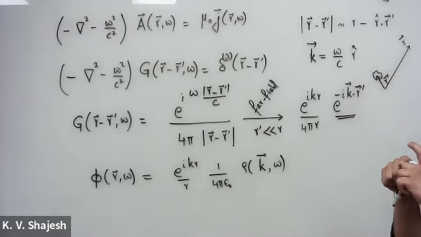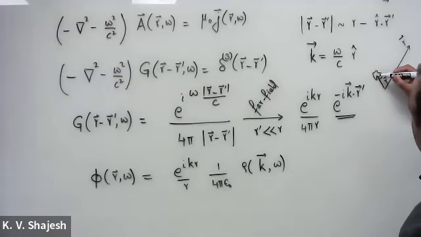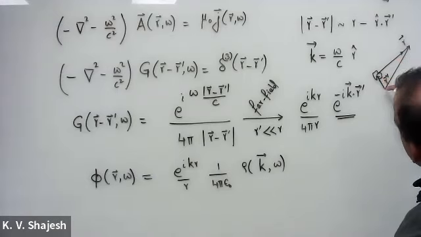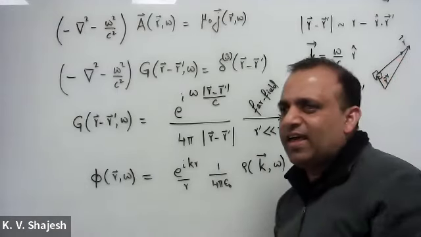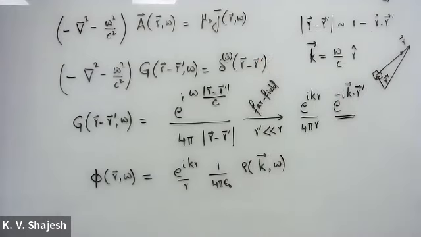But if you have 2 points in the source, one of them is the origin, the other one is R prime. If there are 3 points in the source, then one is the origin, and the rest matter. And that's where the interference term comes in. R minus R prime is here. So there's a slight extra length that you go, and that can interfere with the other side. That's the idea.